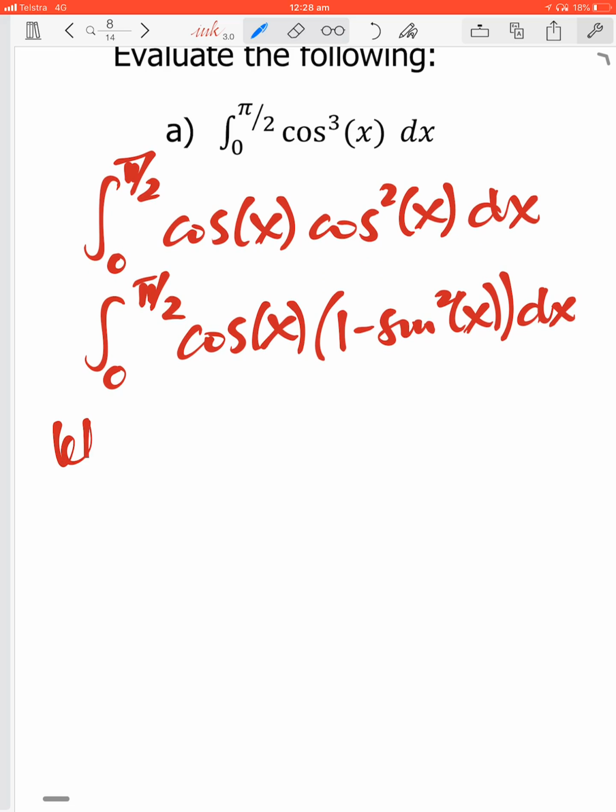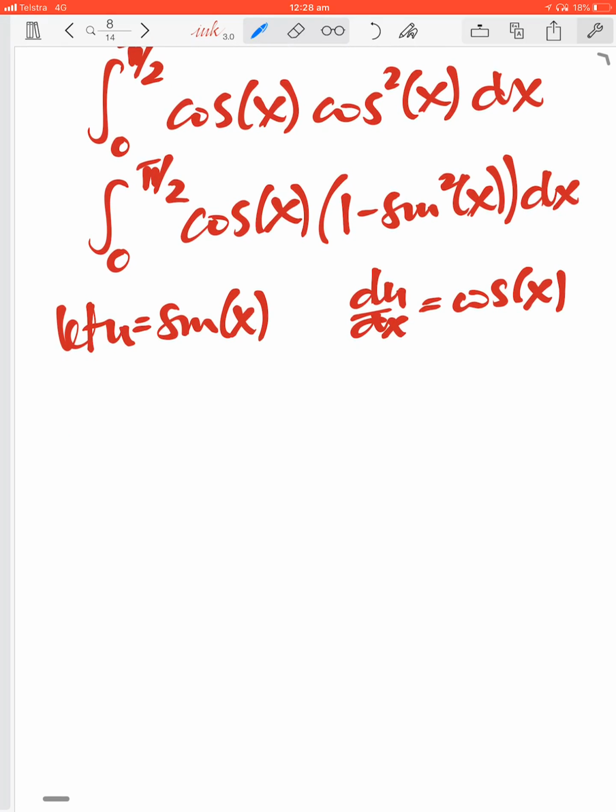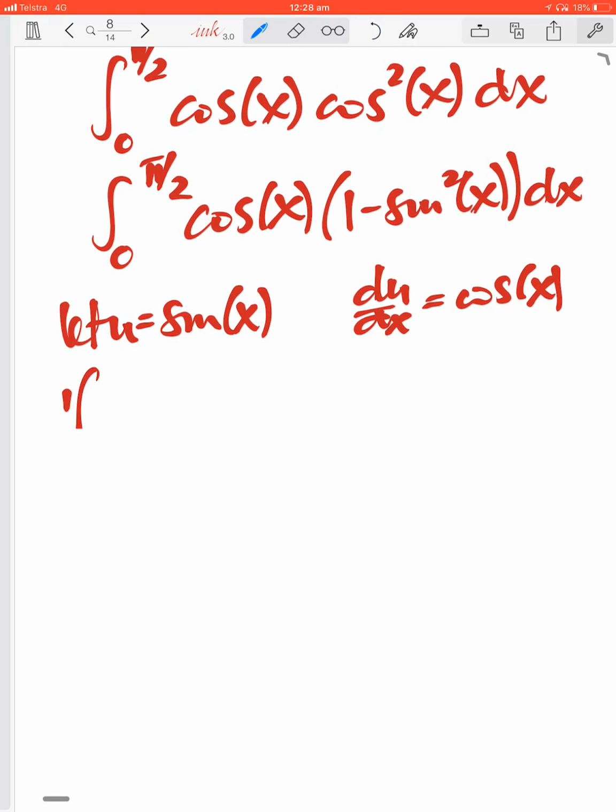So now we can let u equal sine x, because we know when we derive sine x, we get cos x. If x equals 0, u equals sine of 0, which we know is 0.